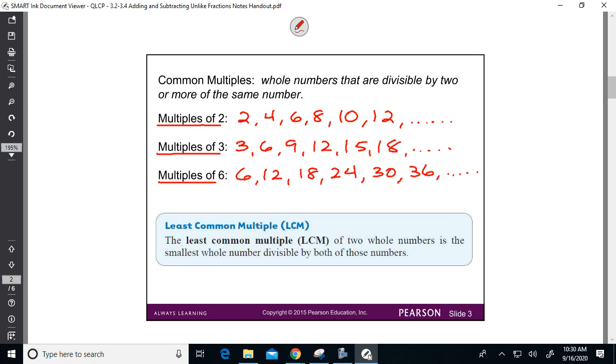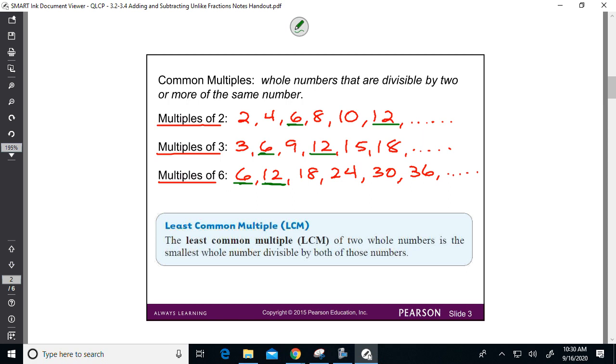So as far as multiples go, a common multiple is a number that everything in the group shares. In this case, notice that 12 shows up in every single column. 6 shows up in every single column.